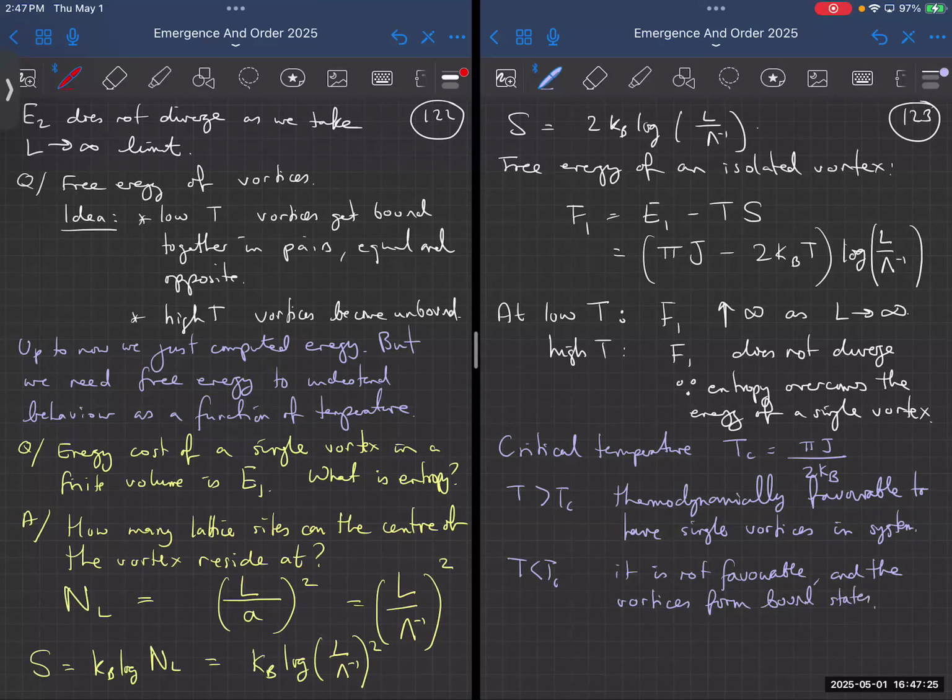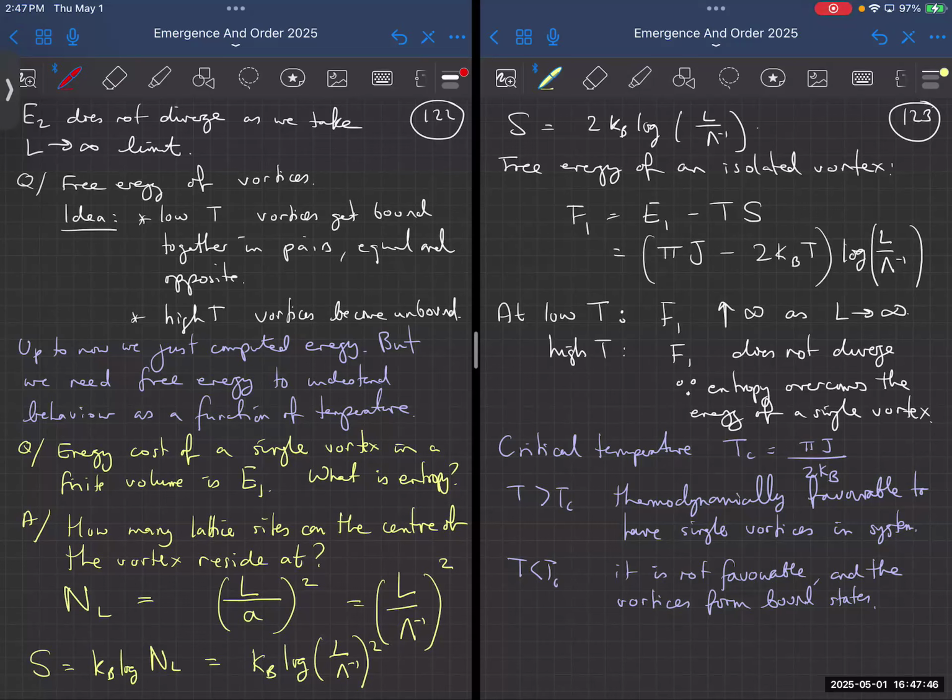And in a sense, at long distances you never see isolated vortices. You just see the system and you don't see any topological things. So that is a topological phase transition. And we've computed this just by doing energy-entropy type of arguments.